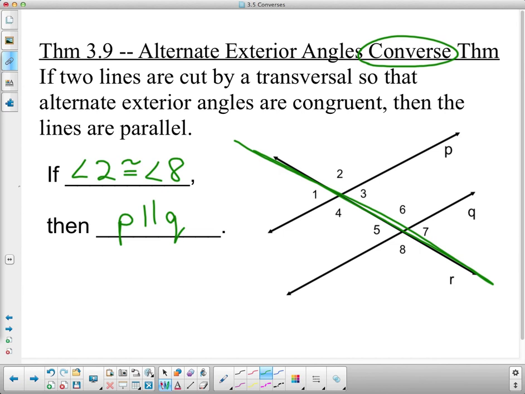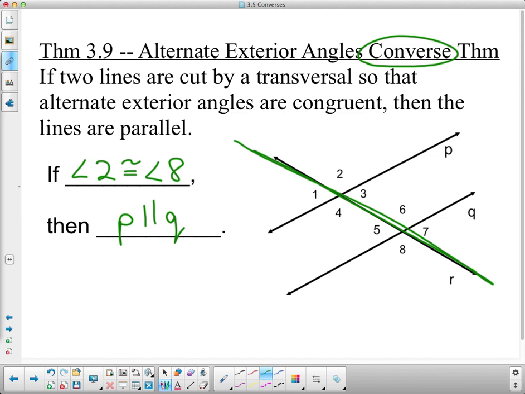It's going to be supplementary. Correct, and how do you know that? Because same side interior angles are supplementary. Correct. Are we done with this screen? No. I was telling you. Okay, I thought you were doing that because you were done. Right, but he is correct.